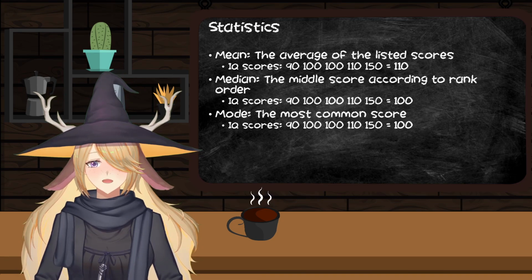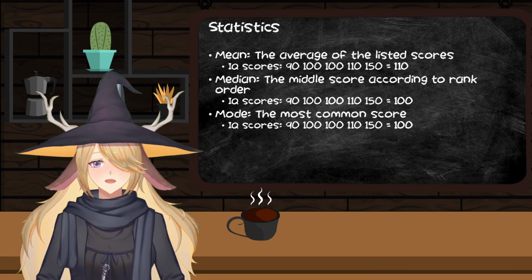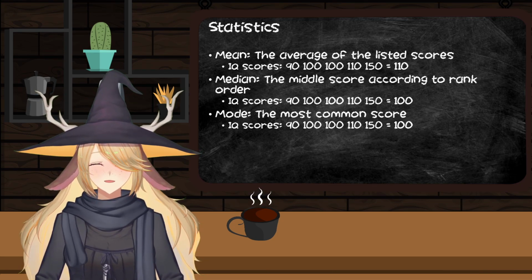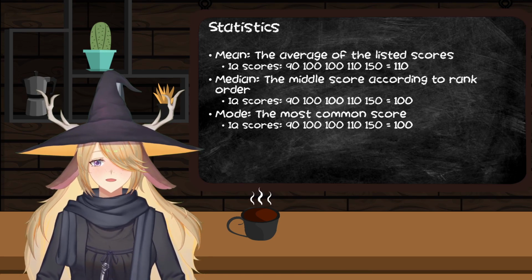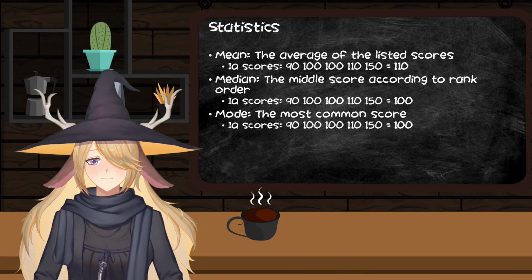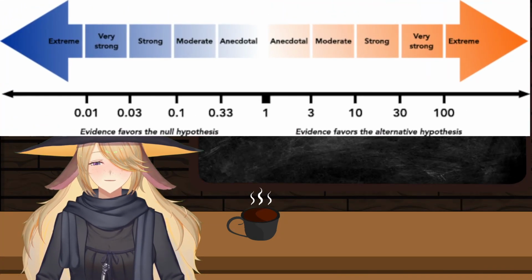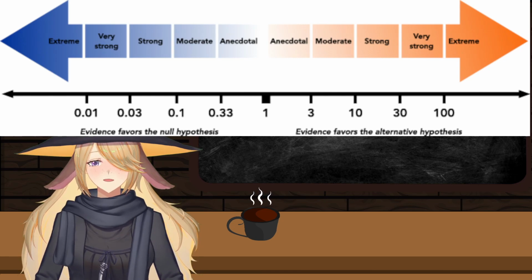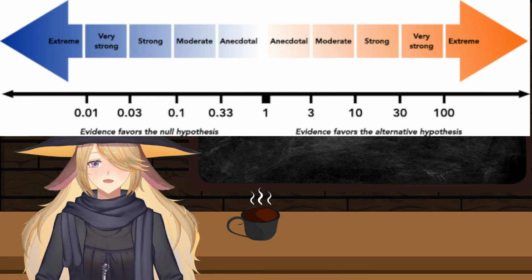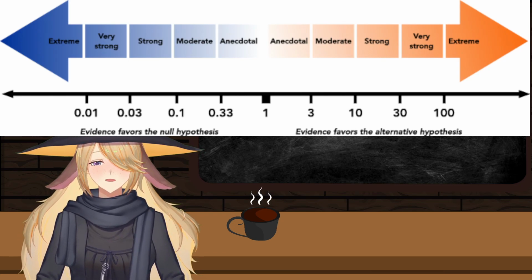So let's say I'm going to call this Bayes. I am a researcher, and I am trying to use evidence to determine what my hypothesis should be.